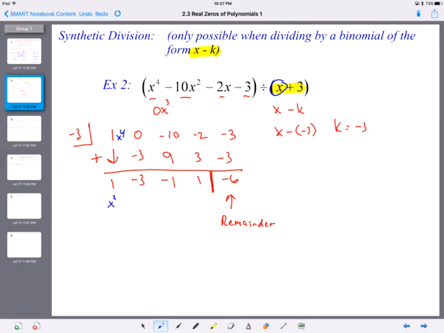So that means this would be x cubed, this would be x squared, x, and then your constant, and then followed by your remainder.